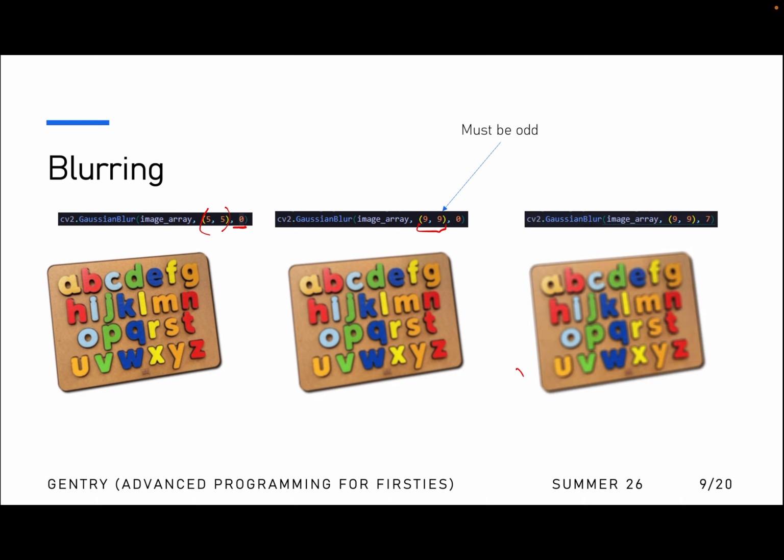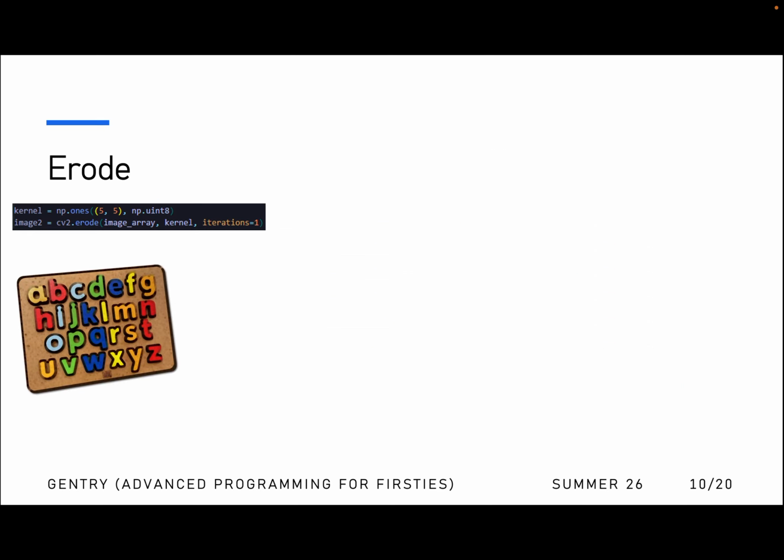And then here we have a larger amount of iterations. So it blurs it, and then it blurs the blur, and then blurs the blur. So you can see how you can really just play around with it, and there's no one image detection model for anything. But this is just an example of what a blur would do.